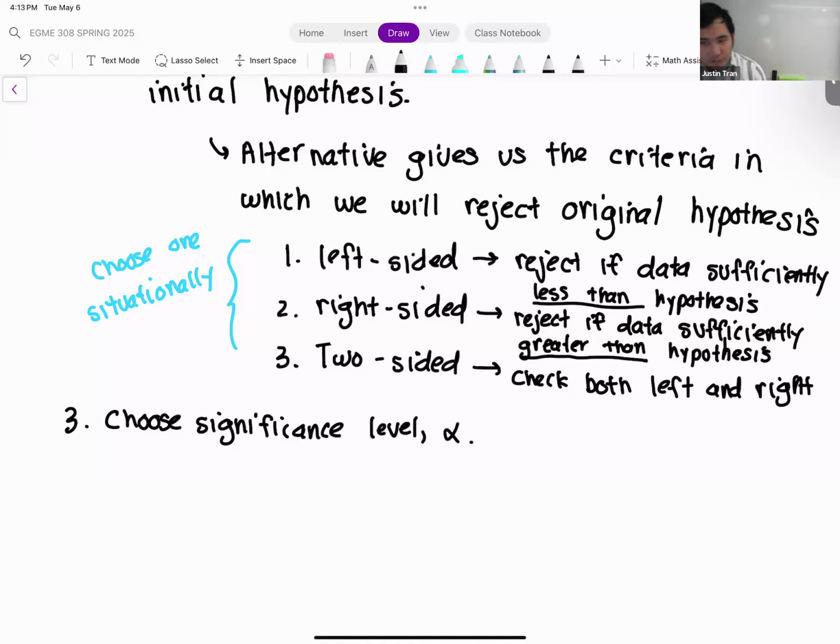So the significance level here gives us a little bit of wiggle room where we don't flat out reject our hypothesis if we're less than or greater than. This gives us some wiggle room to say, okay, we can be a little bit less than or a little bit greater than before we really reject our hypothesis.